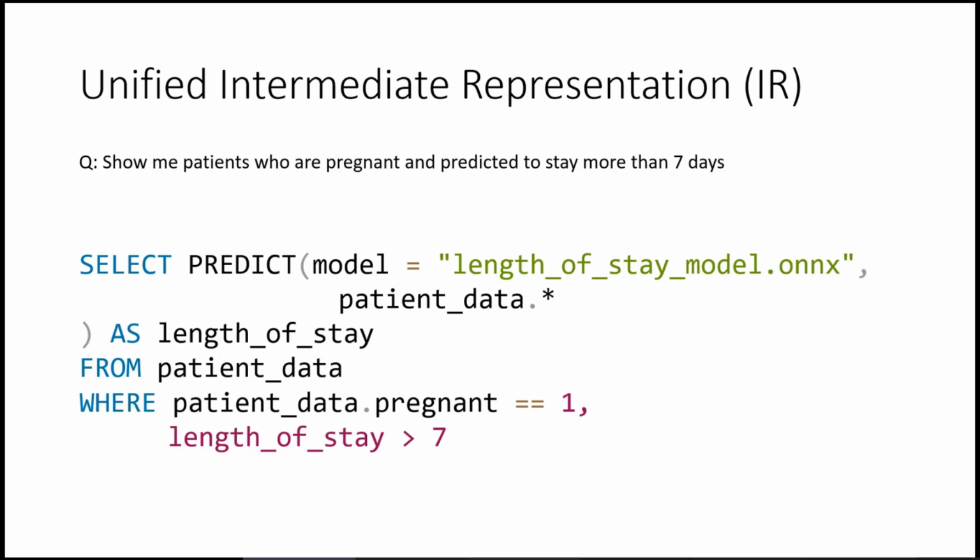And this model is responsible for giving us a prediction of the number of days the patient will stay, and we're using the patient data table. And in this case, we're filtering for any patients who are pregnant. I also noticed the model is an Onyx file.